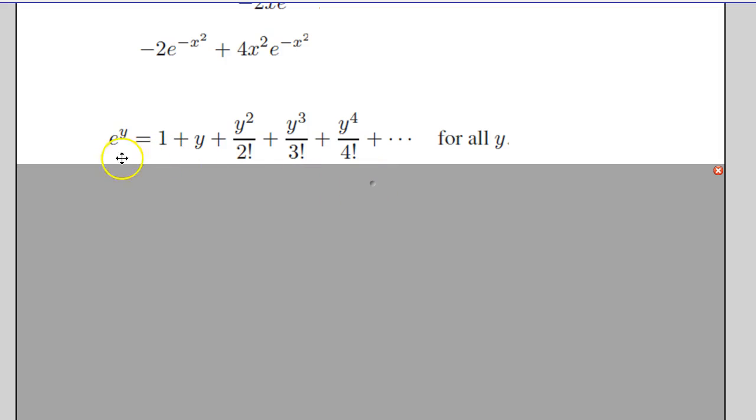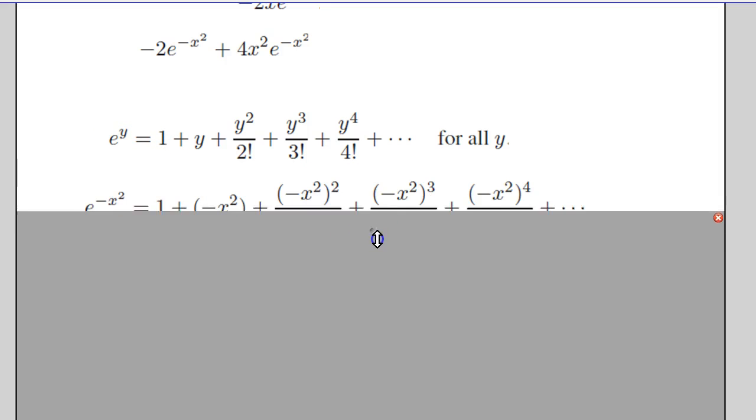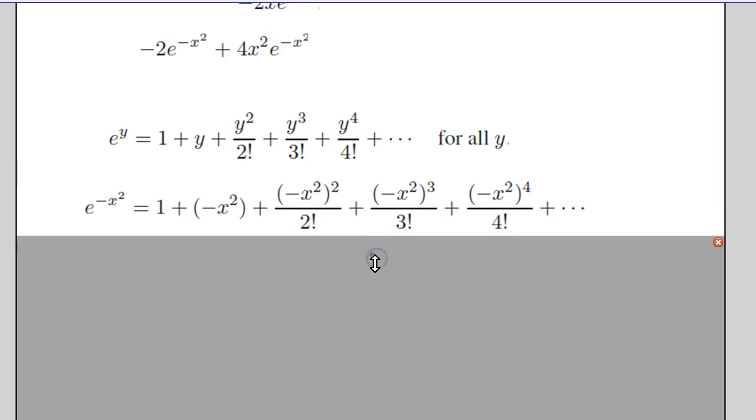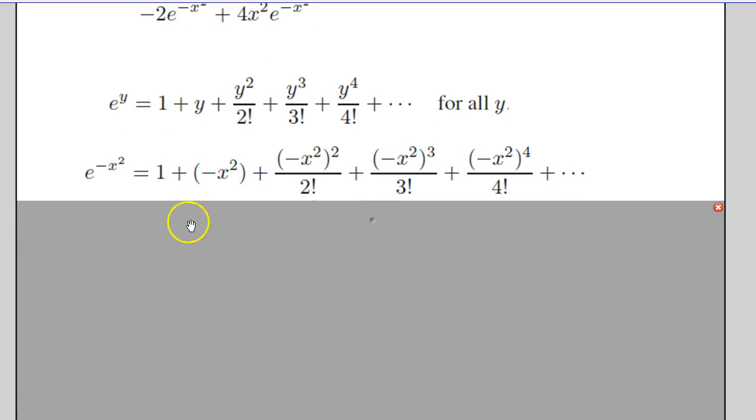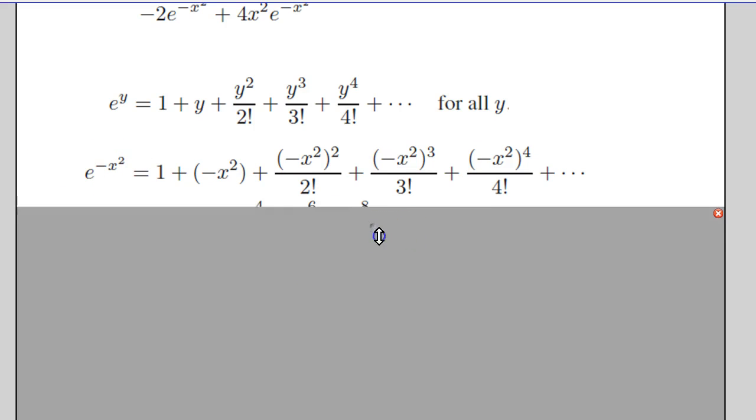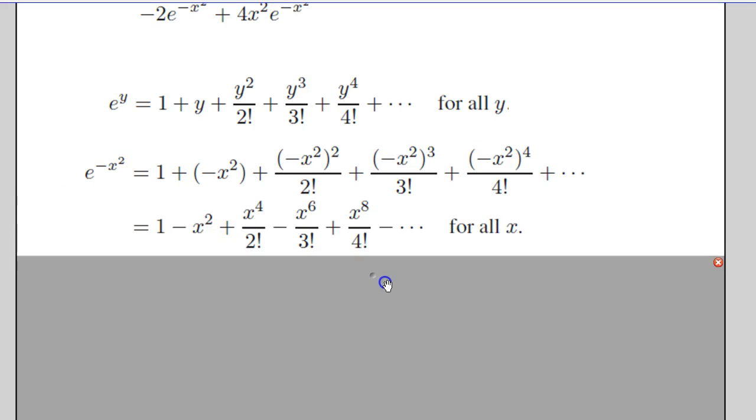And let's just substitute negative x squared instead of y. When we do that, we essentially get this. And that means that the Taylor series for this function can be found to be simply this by doing simplification. Why can we do that?